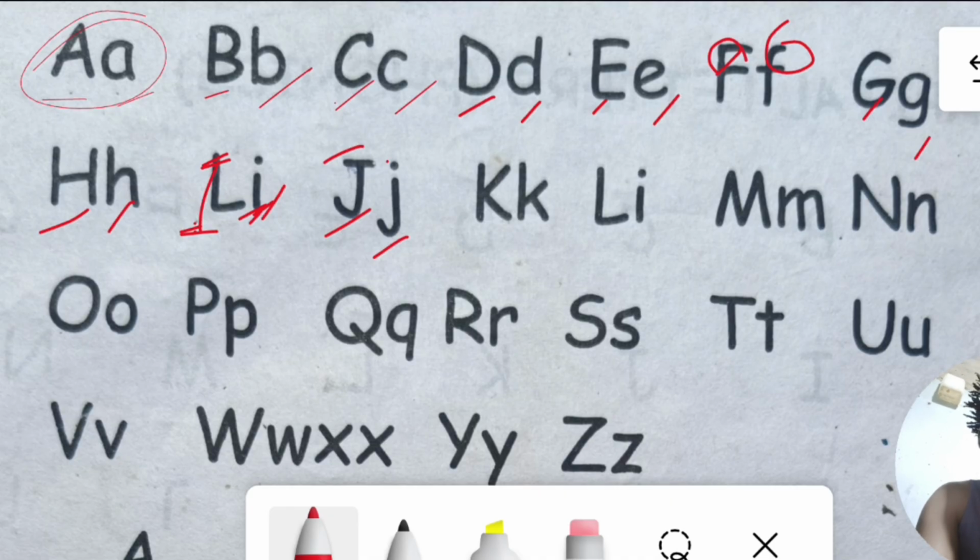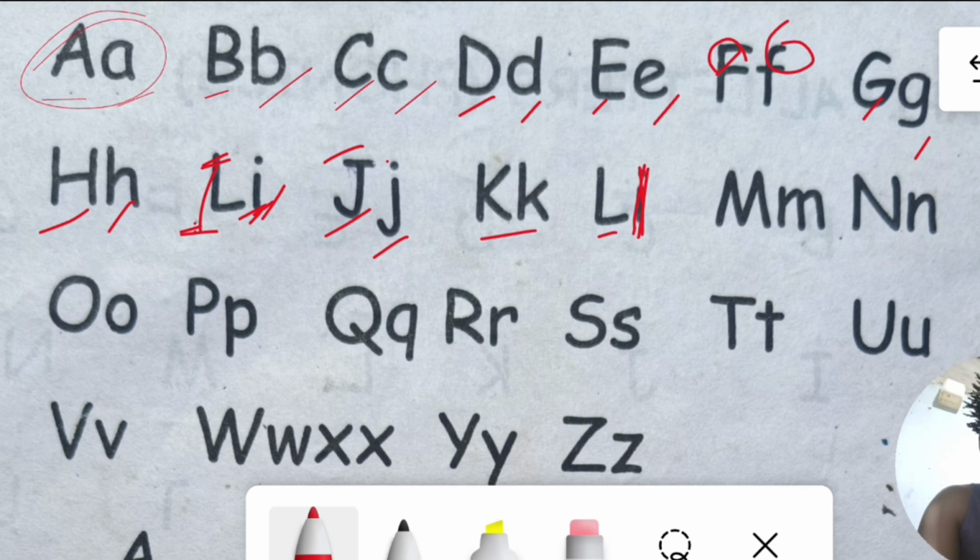K, same but different sizes. And then L, capital L, this one is correct, but this one is wrongly written. Small l is just like that, without this extra part.